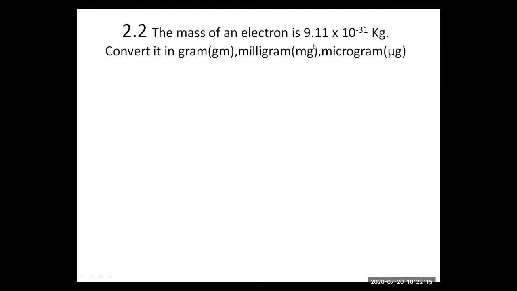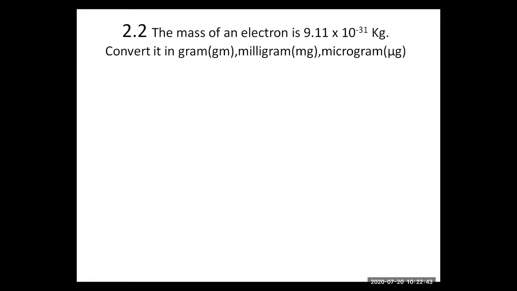So the mass of the electron is given, and the required is to convert it into gram, milligram, and microgram. Gram is represented by g, milligram by mg, and microgram by mu g.